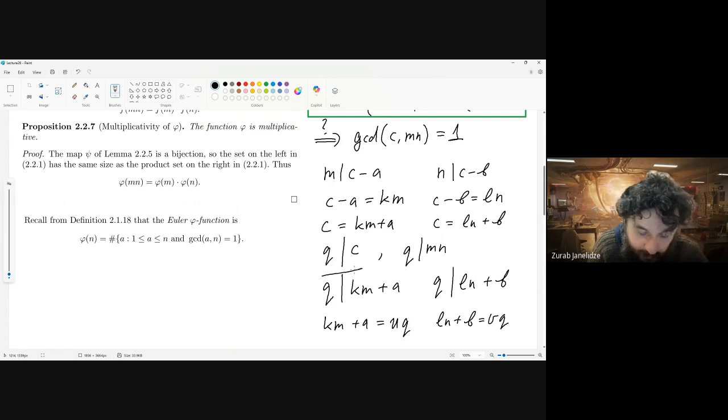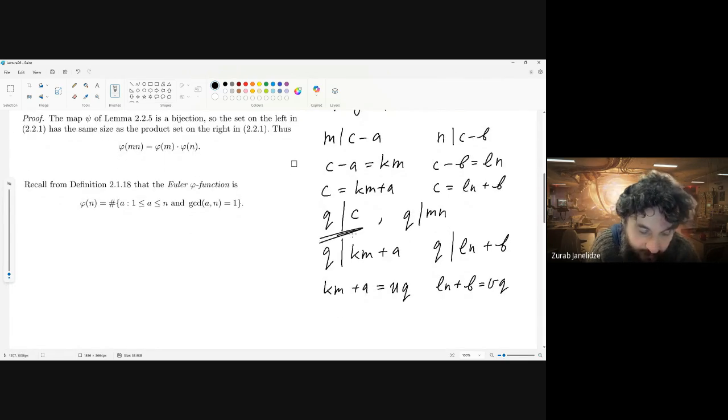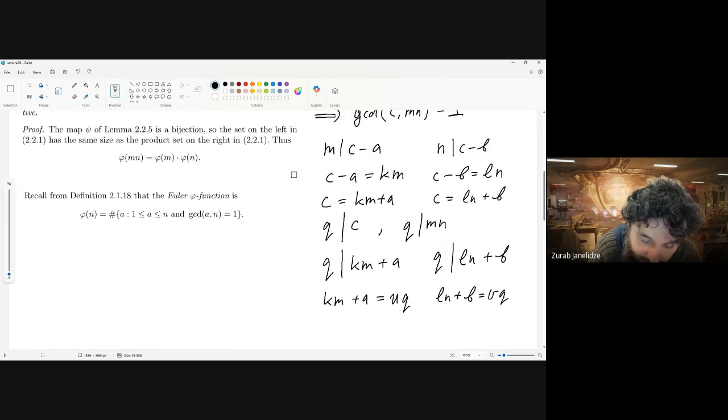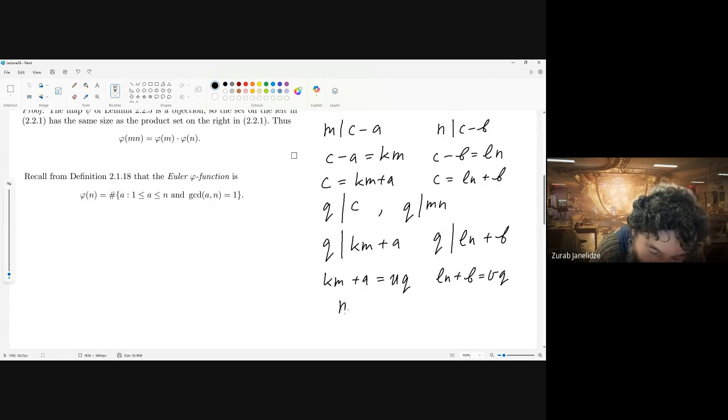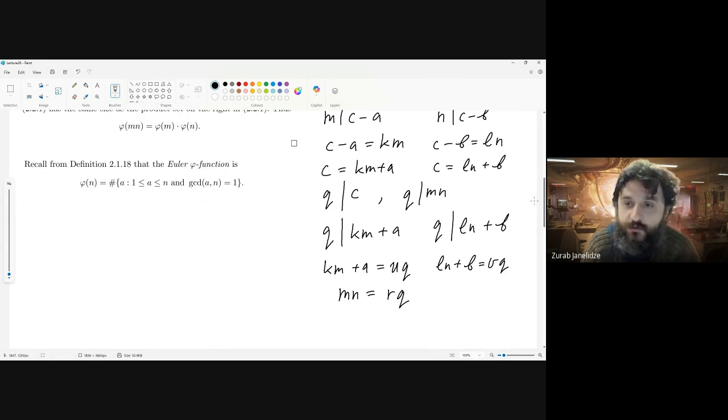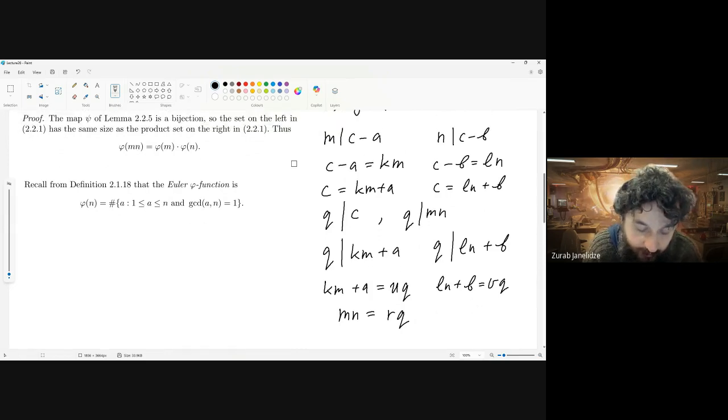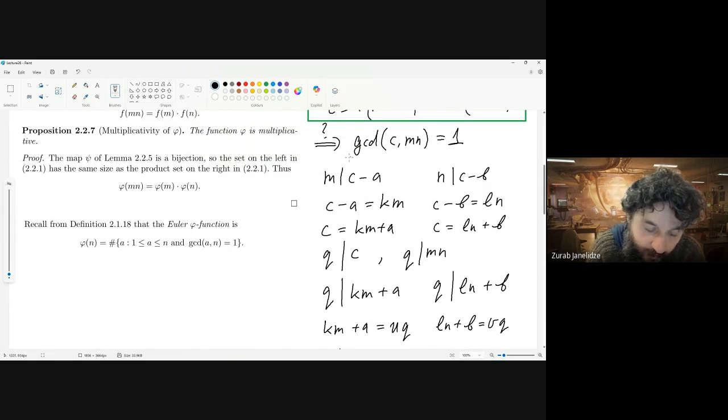Q divides C, and it divides Mn. We've expanded what this gives, right? I don't think we've expanded what Q dividing Mn gives. Let's expand it as well. So Mn equals Q times some R, let's say, some R times Q, right? All of these should result in Q being 1. We can't have Q being anything more than 1. That's how we would prove that GCD of C and Mn must be 1.